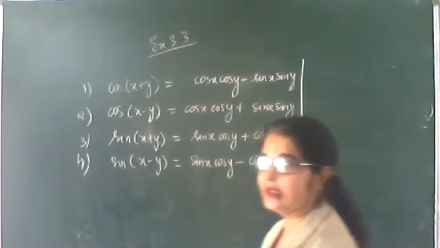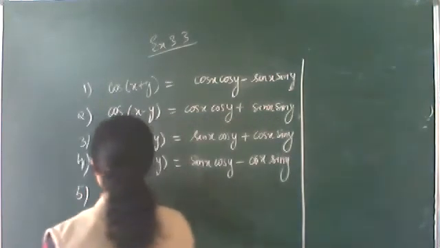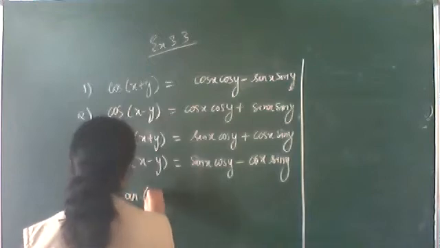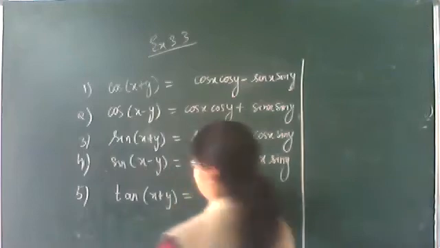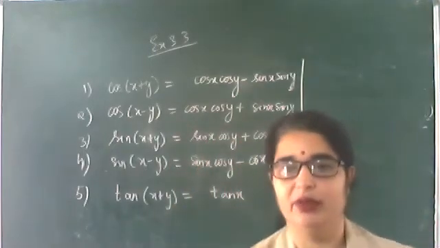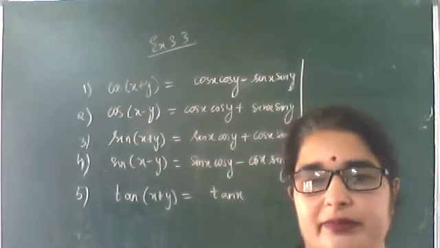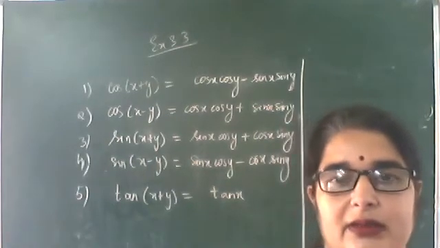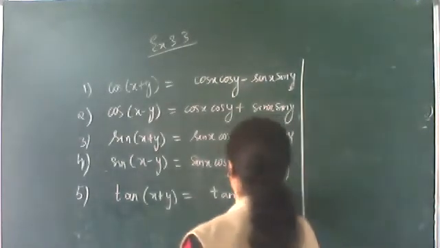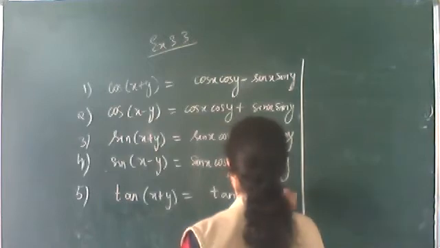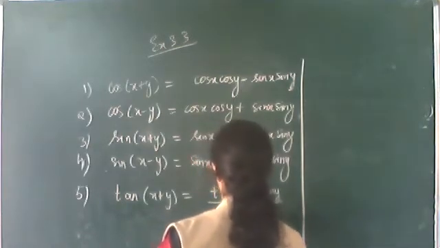Clear? The next one, fifth formula, you are having tan of x plus y. Anyone having any problem? Then please ask. Tan of x plus y is tan x plus tan y upon 1 minus tan x tan y.